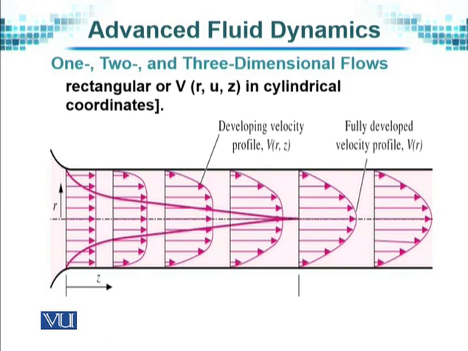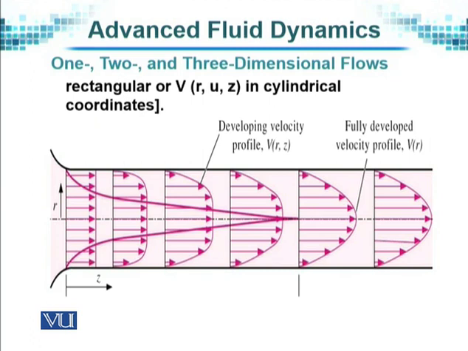The last two pictures are almost showing identical conditions, and we can consider that, for the sake of solution of a problem and analysis of a fluid flow, as a steady condition. We are going to attack it that way, and we call it the fully developed velocity profile.